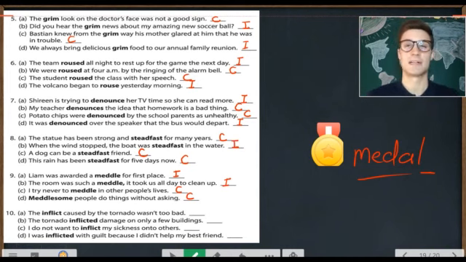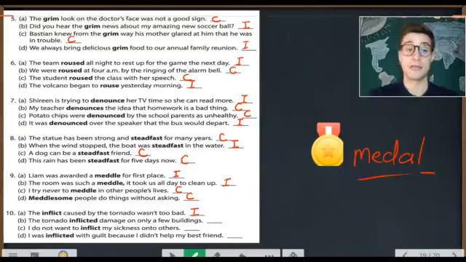And number 10a. The inflict caused by the tornado was too bad. Inflict, that's not correct.